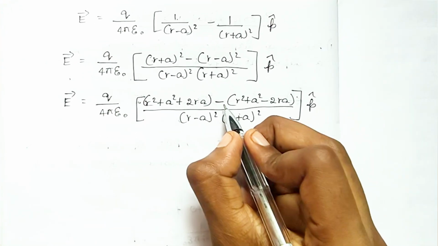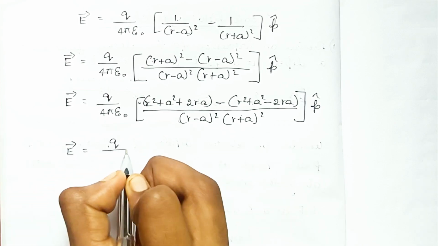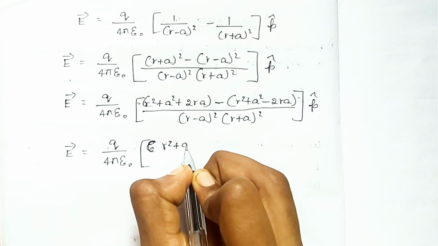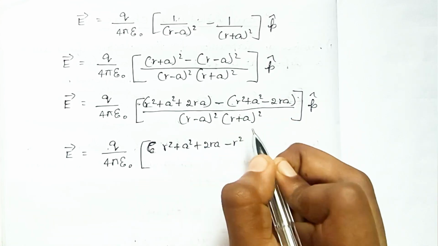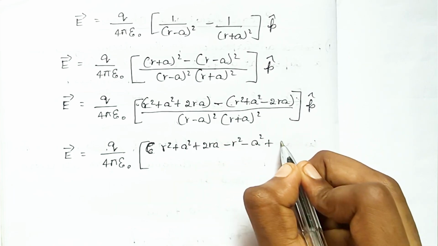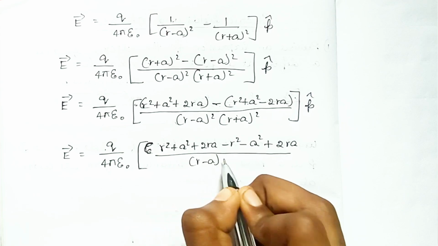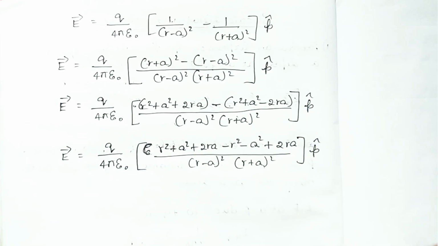Now we multiply this minus sign inside, so we get E vector is equal to Q by 4 pi epsilon naught into r square plus a square plus 2ra, minus into plus is minus r square, minus into plus is minus a square, minus into minus is plus 2ra, divided by (r minus a) whole square into (r plus a) whole square into P cap.